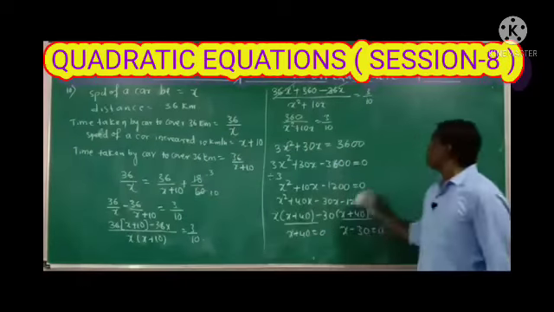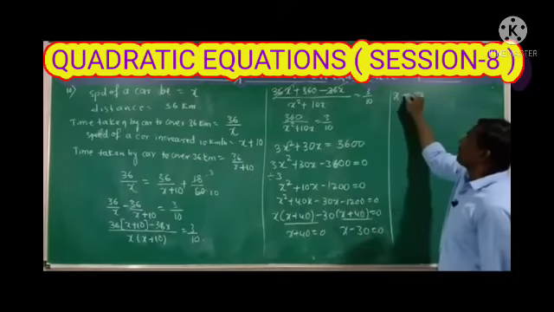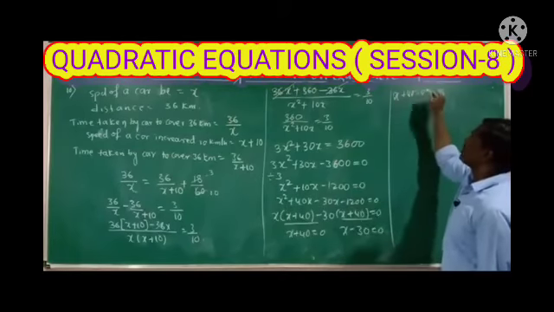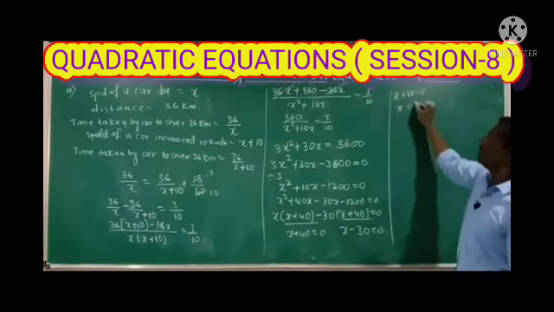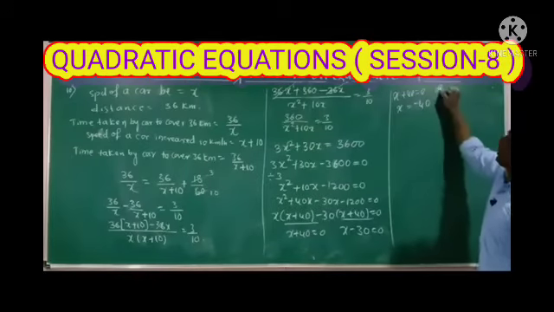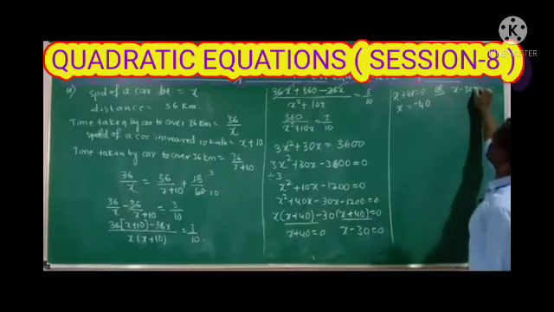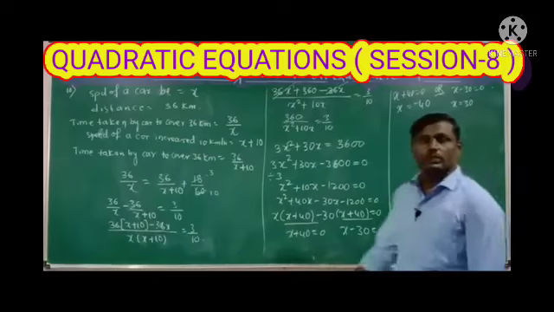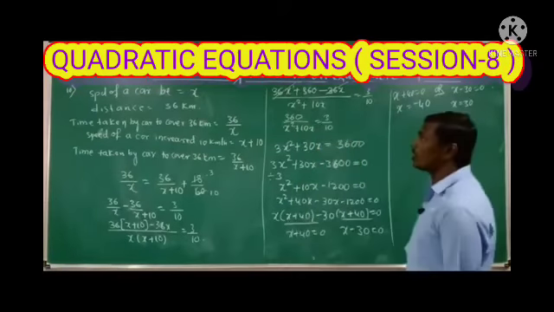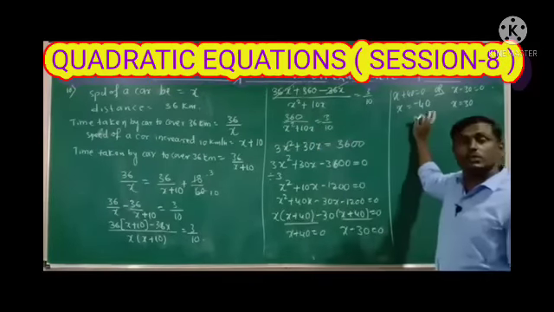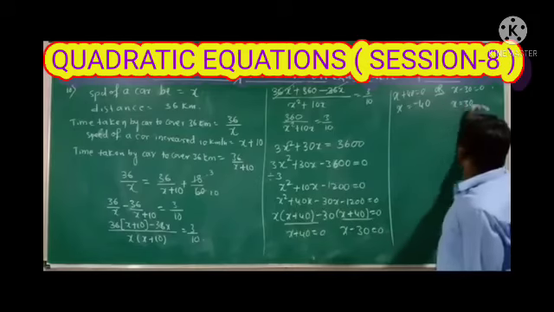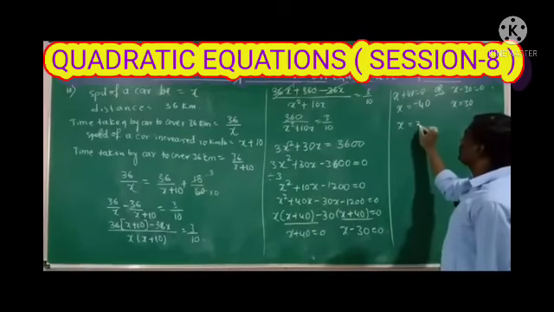If x plus 40 is equal to 0, then x is equal to minus 40, or we have another root, x minus 30 is equal to 0, then x is equal to 30. Time or speed cannot be negative, so x is equal to 30.